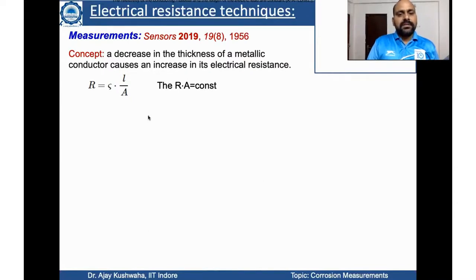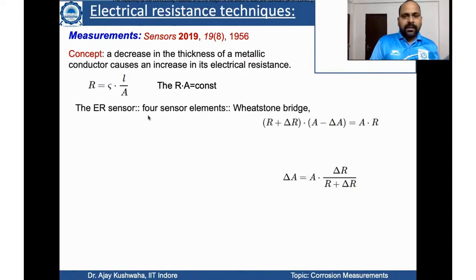Then we can say if we multiply resistance and area, then of course it will be constant, because with respect to time there should not be any change, because L and rho are fixed. The length of the material is fixed, and of course rho is fixed. And the ER sensor, the 4 sensor elements are here.